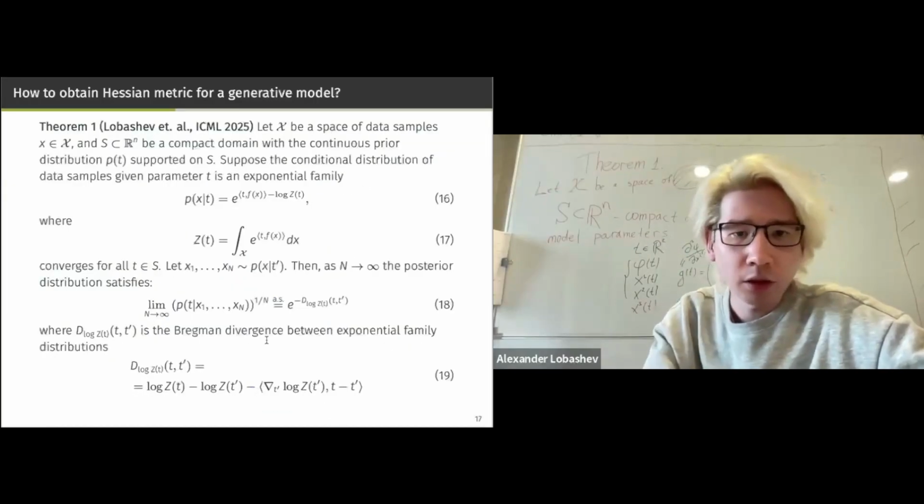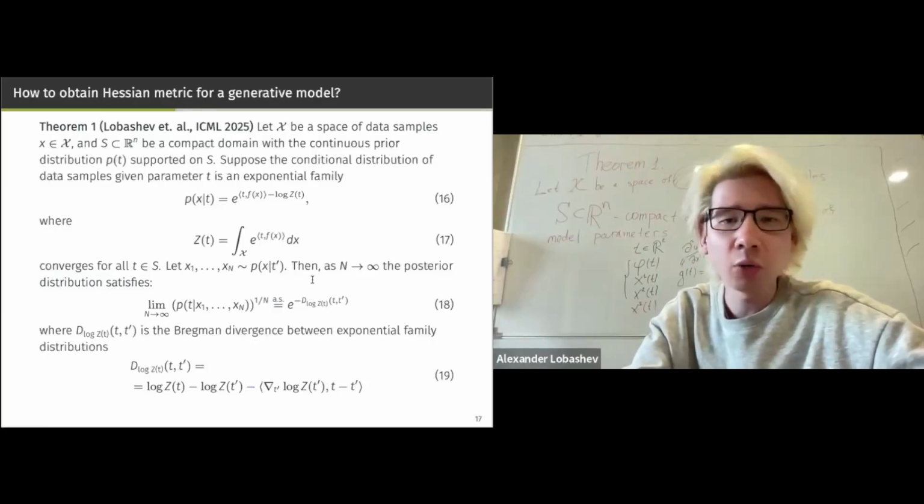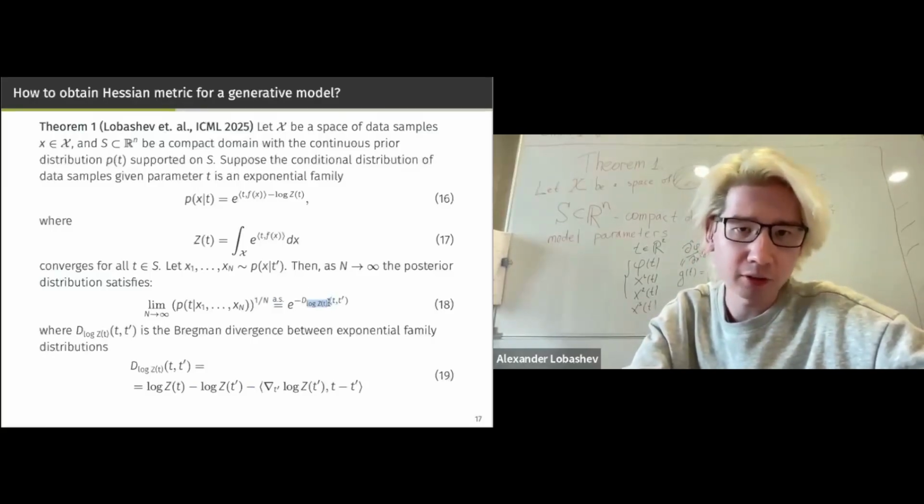And actually, how does it depend on this Hessian potential?